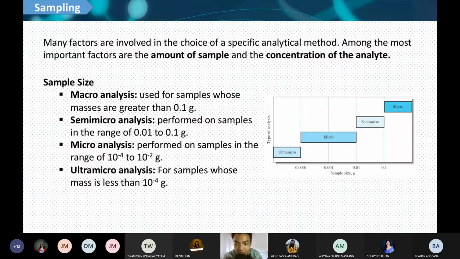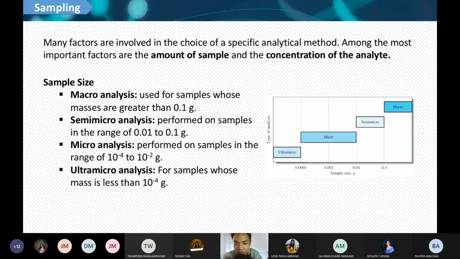So you can do electrochemical or spectrophotometric analysis when dealing with very few samples. The last one is when you have samples less than 10 raised to negative 4 grams; then you must do ultra micro analysis.